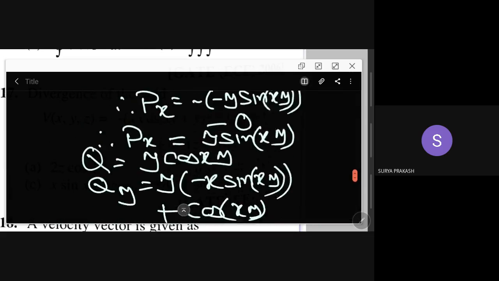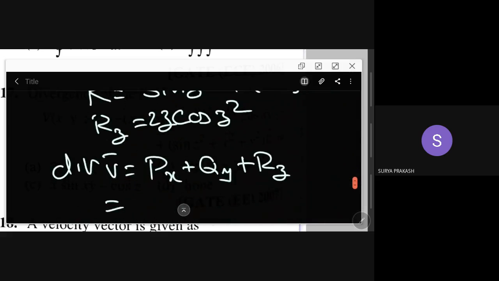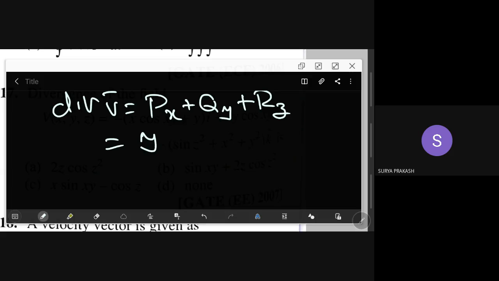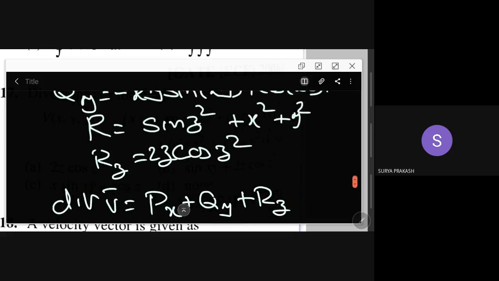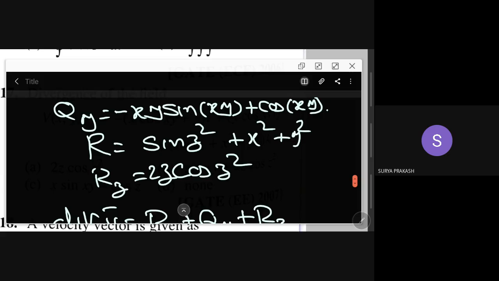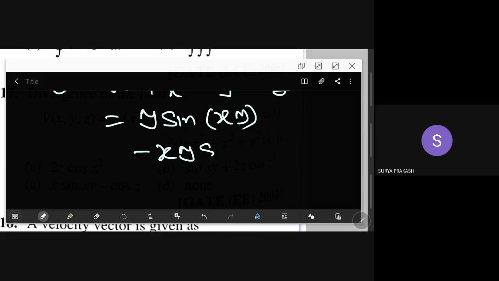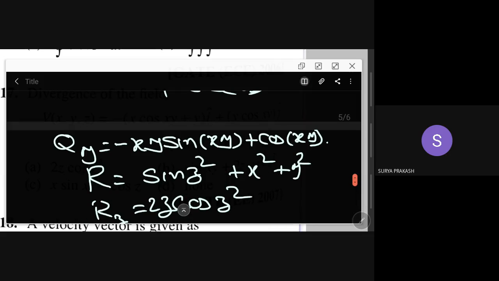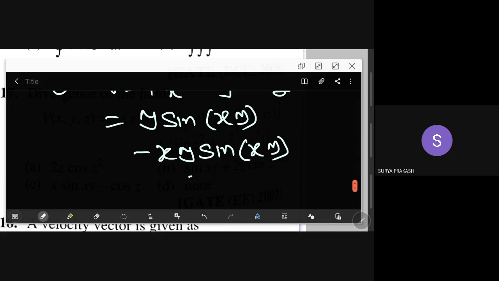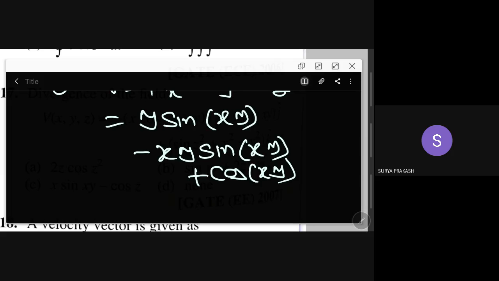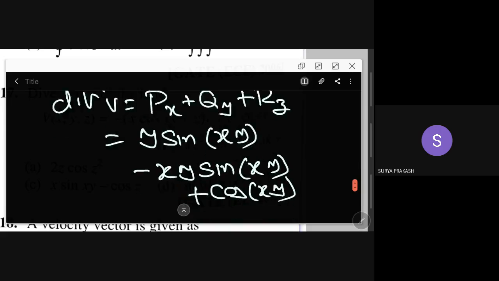This is equal to Px, just now we have written, it is y sin xy, plus Qy, which is minus xy sin xy plus cos xy, and Rz. Rz is 2z cos z square.